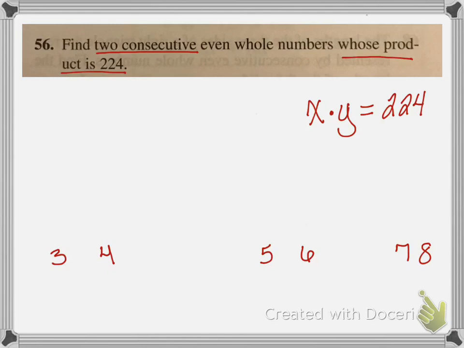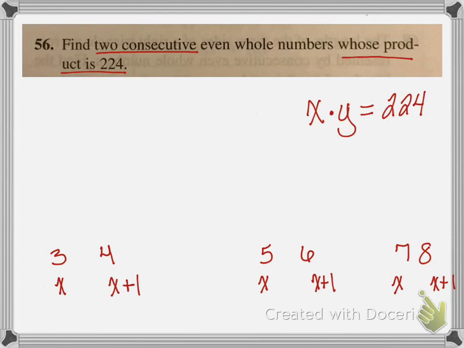If I labeled the first number in each one of these sequences as X, what would represent the second number? What am I doing to X to get the very next number? I am adding 1. So I have X and I have X plus 1. So X is 5, X plus 1 is 6. X is 7, X plus 1 is 8. Okay, so I am adding 1 to get consecutive.